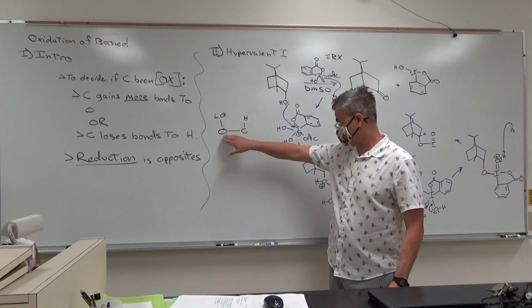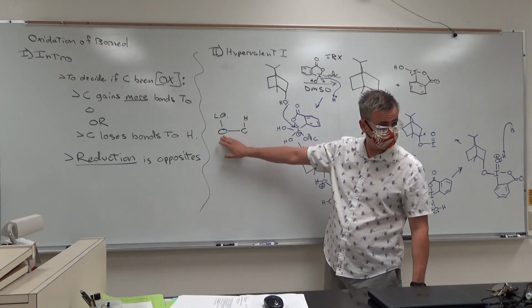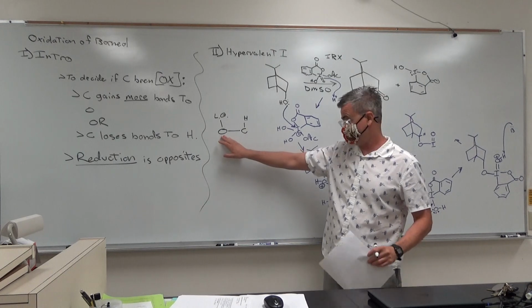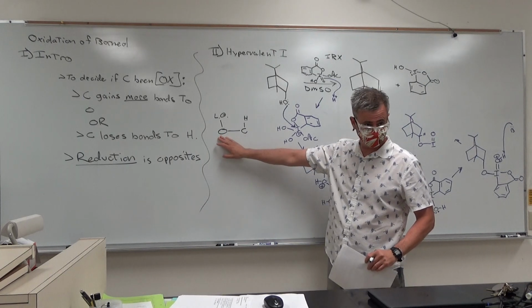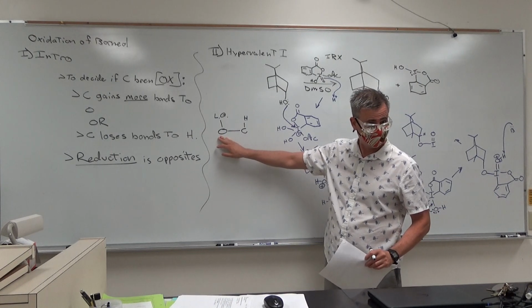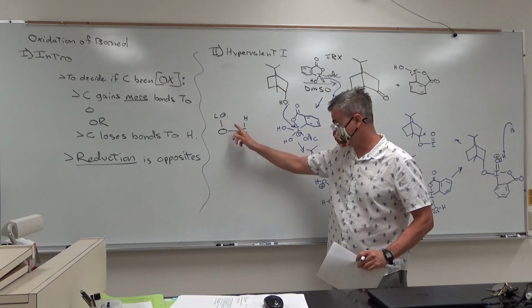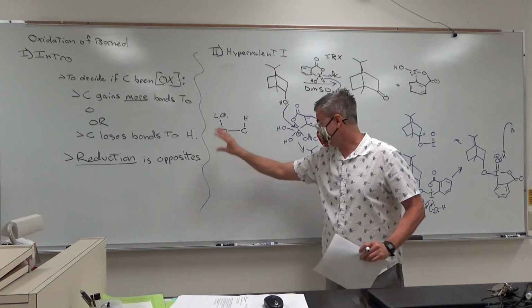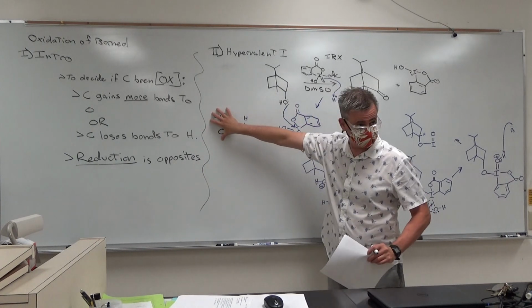Not an oxygen that's become part of a leaving group. You learned last semester that an alcohol can turn into a tosylate or a mesylate, a sulfonate leaving group. Okay? In those situations, that oxygen, he's going to leave too. This whole thing has become a leaving group. That's not what I'm talking about.